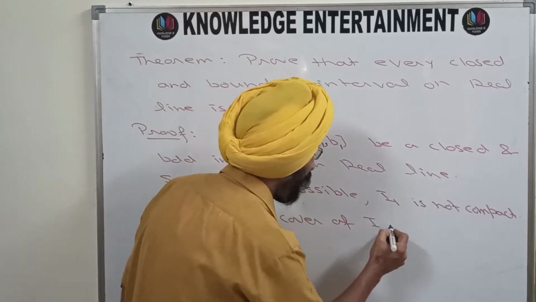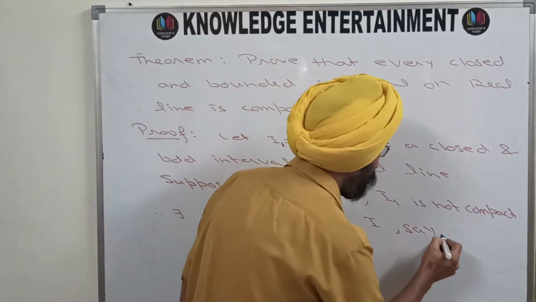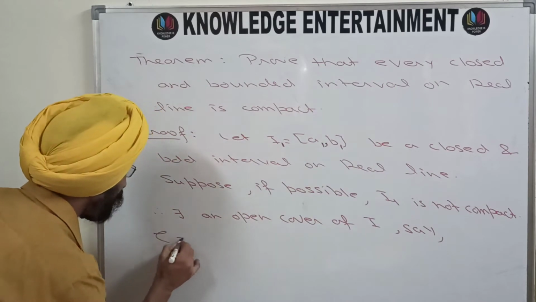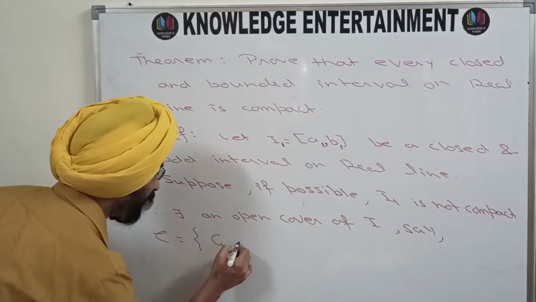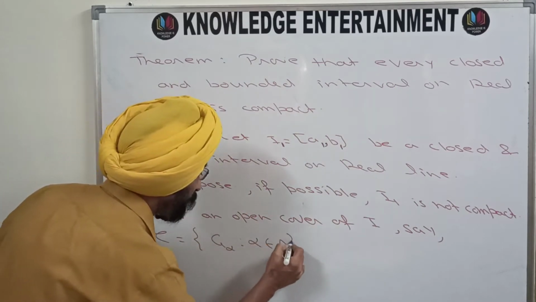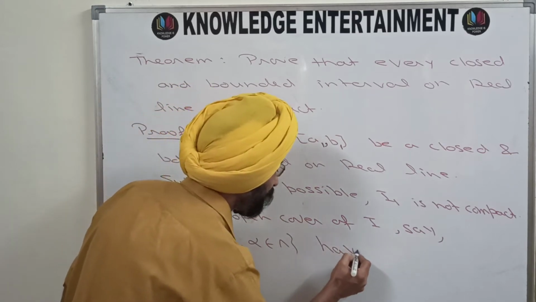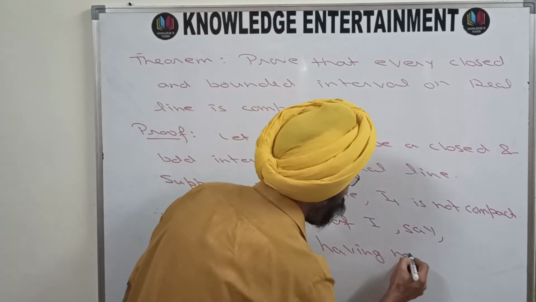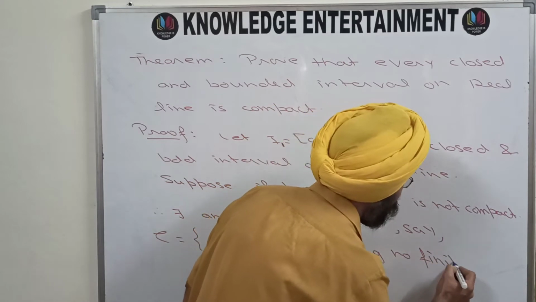So there exists an open cover of I, say C, having members G alpha, alpha belonging to lambda, having no finite subcover.